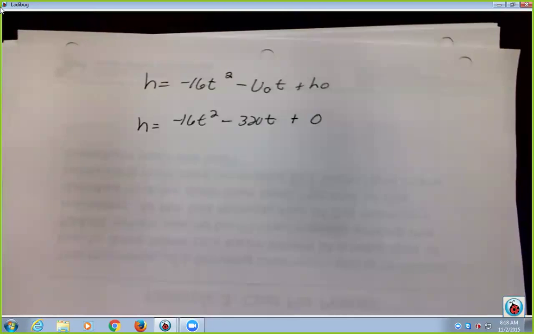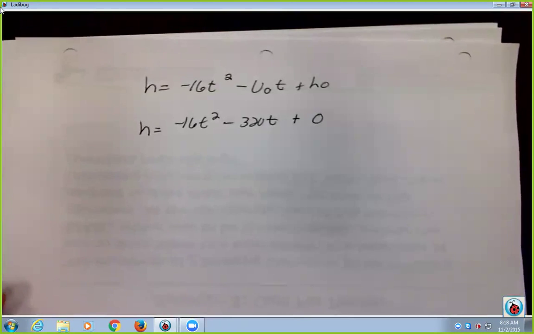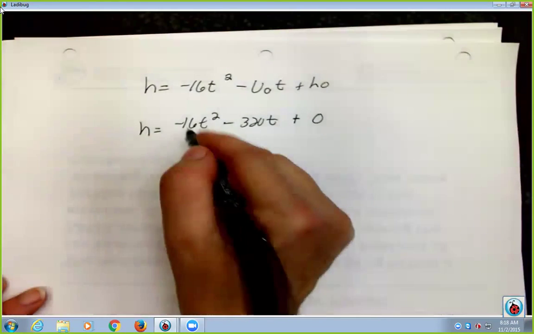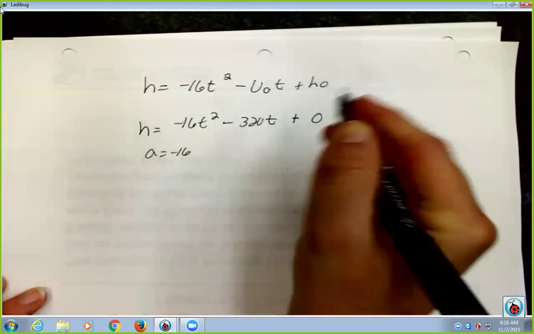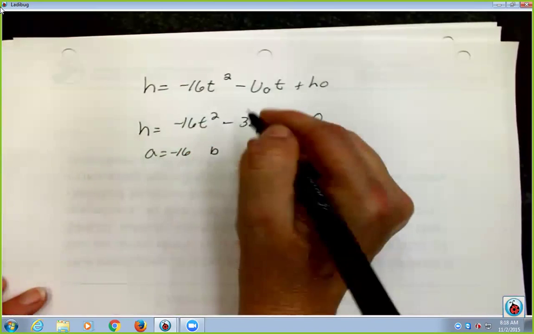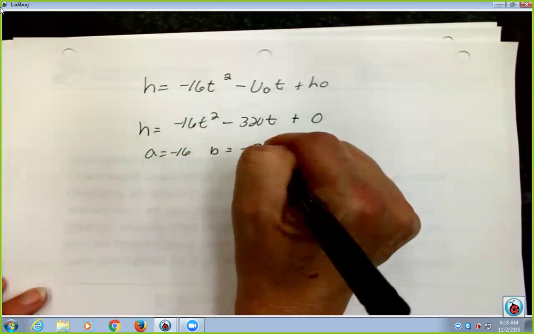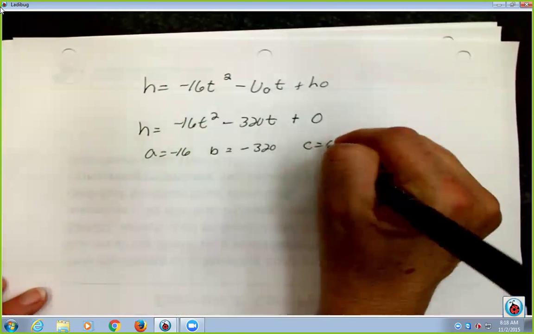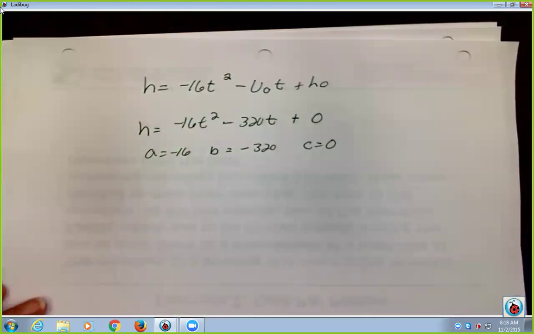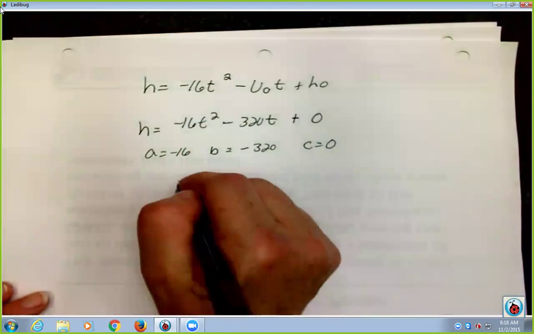And so now I have a quadratic equation, and I can use my quadratic formula to solve that. So a is negative 16. b is 320. And c is 0. So plug all my pieces in.